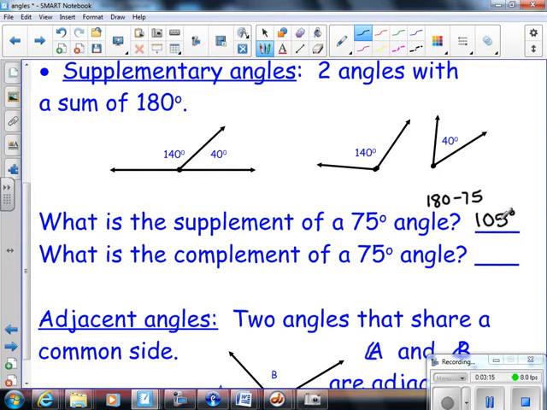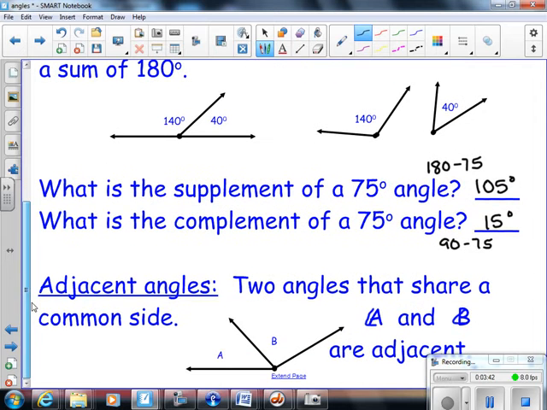Okay, so 105 degrees plus 75 degrees, does that add up to 180? It sure does. What is the complement of a 75-degree angle? All right, I'll take 90 minus 75. And what do you come up with? Good, 15 degrees. Because together, 15 and 75 add up to be 90 degrees.